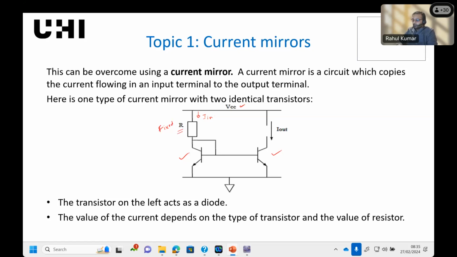Now, this is the base, this is your collector, and this is the emitter. Since we have connected the base and collector together for the first transistor, it's going to act like a diode, right?